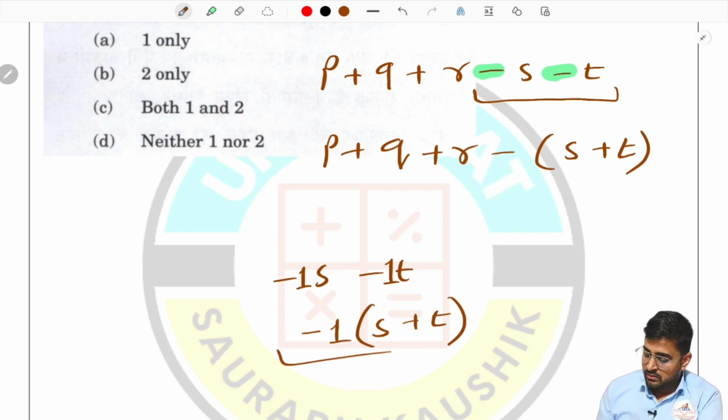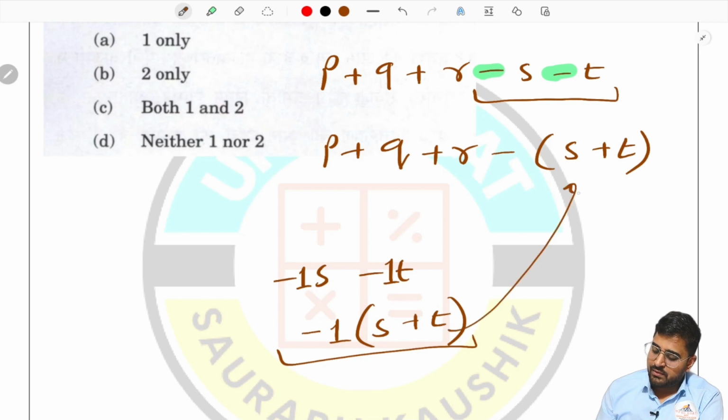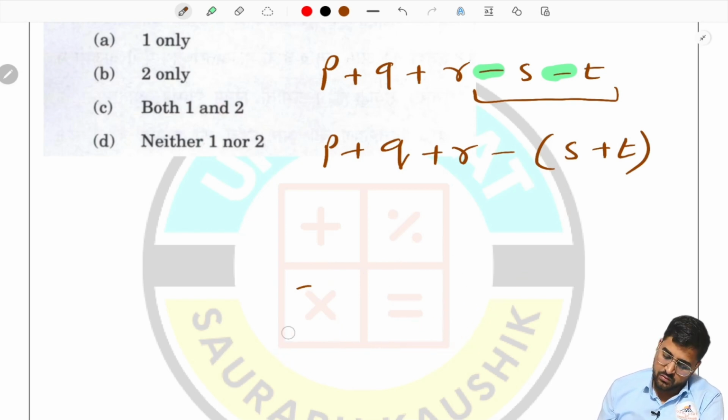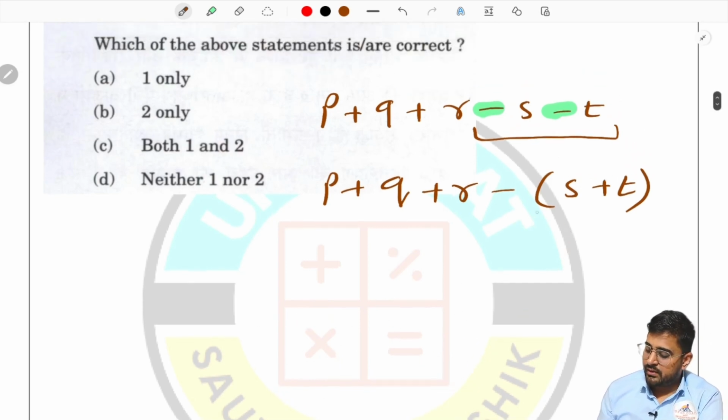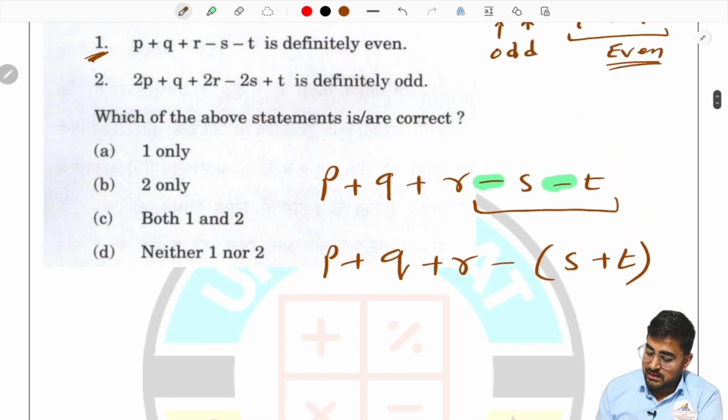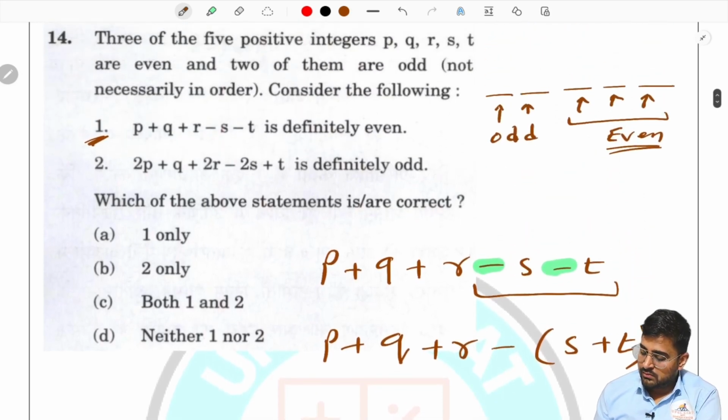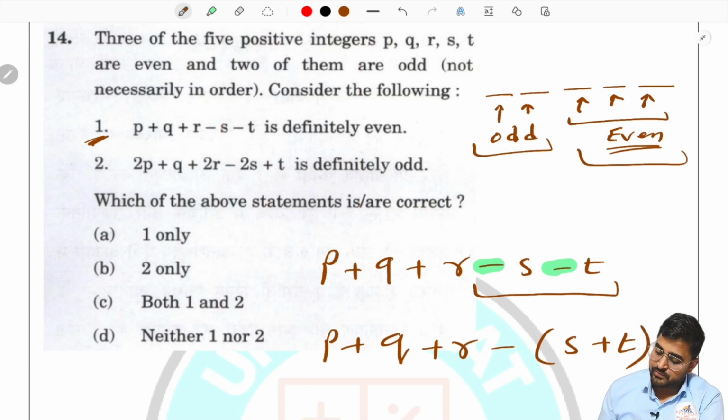That's a concept which we have applied here. Now you took the common, the sign is changed. Now the equation seems better. Let's try putting in values, meaning conditions, in this equation.